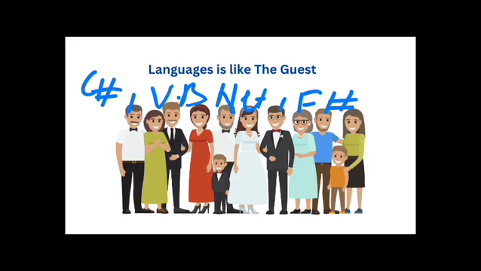Similarly, in coding, different languages behave like one family under the .NET framework. We write a class in C#, call it from VB.NET, and still use it in F#. They all work together because of CTS and CLS. Why?